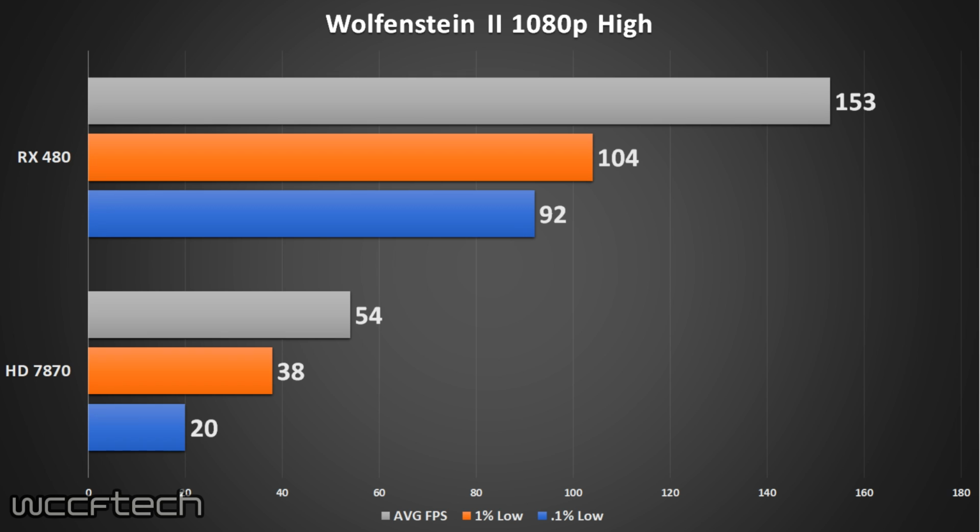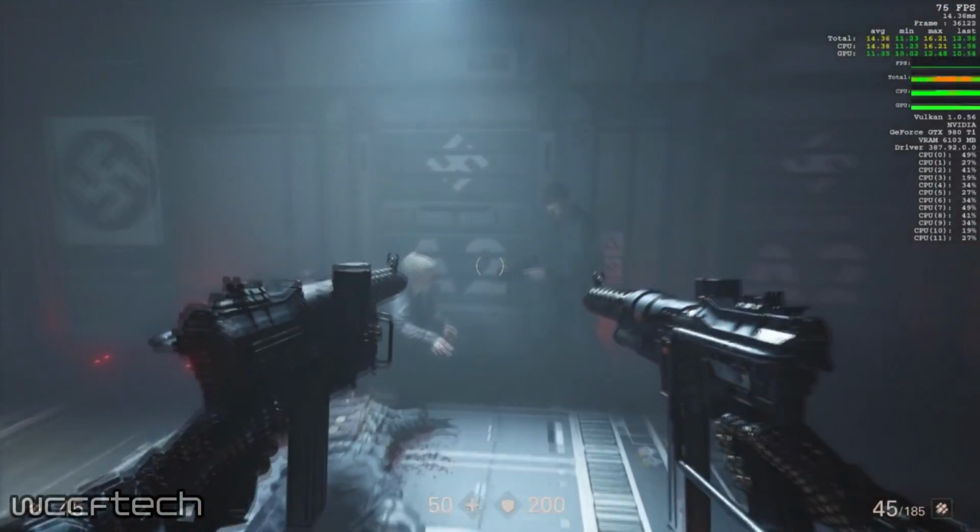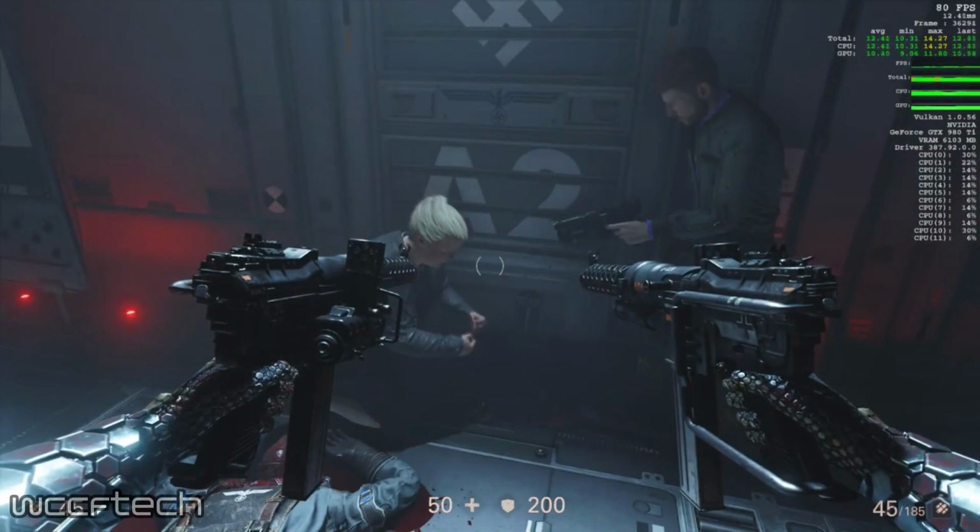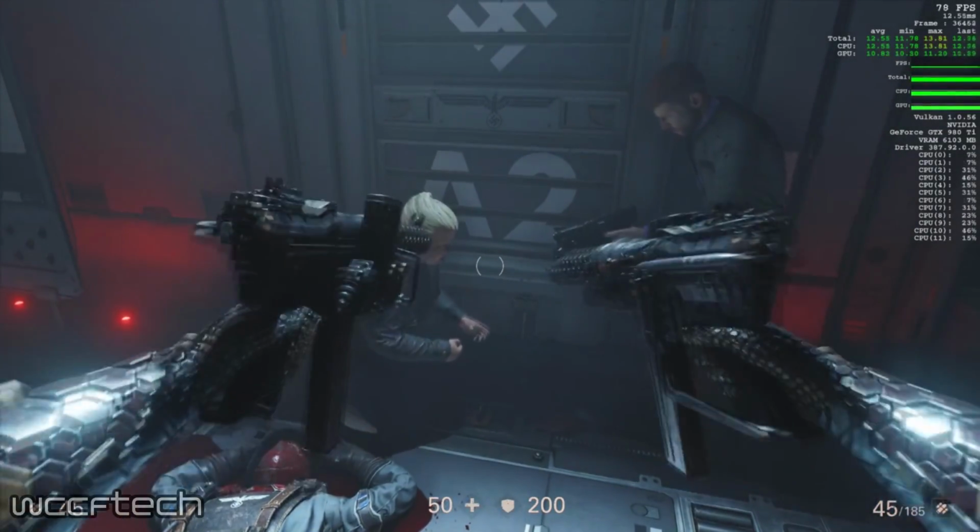We're talking from 54 to 153 running on high preset 1080p, no anti-aliasing, very important to remember that here. So no anti-aliasing on this one. And even the 0.1% lows are nearly double the average FPS of the 7870. The 7870 actually put up a very unenjoyable playability at these settings. So if you have a 7870 and you want to play that game, I recommend dropping the settings quite a bit.